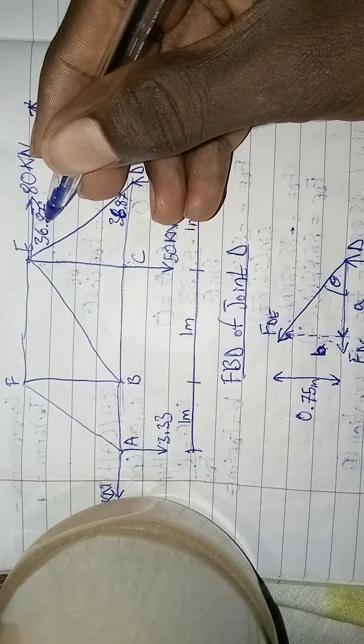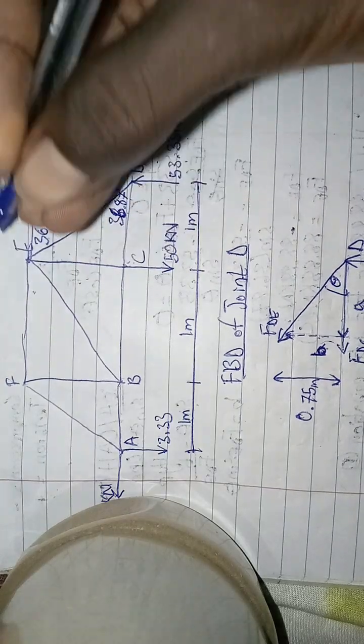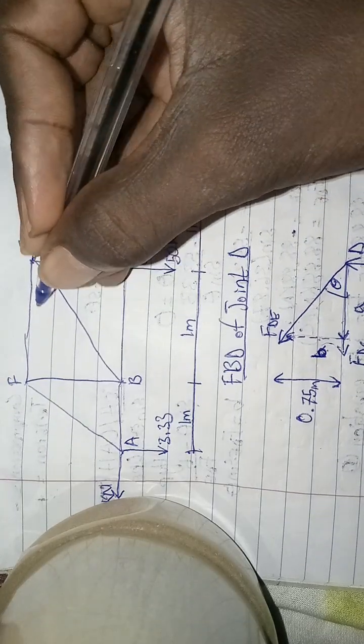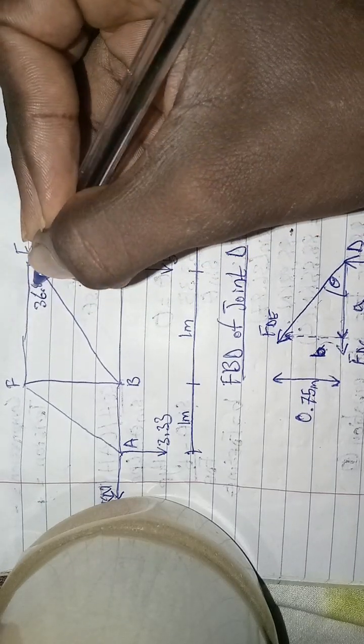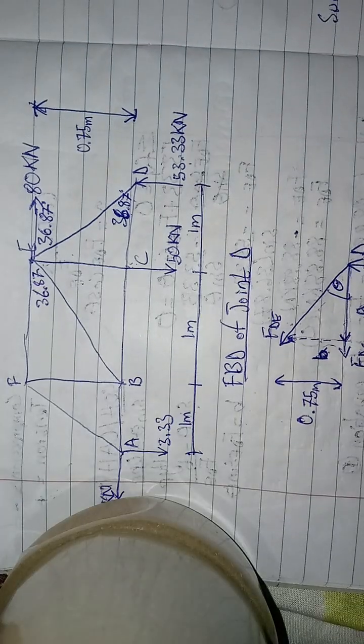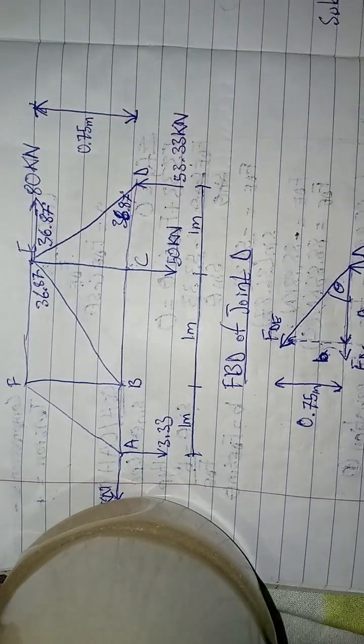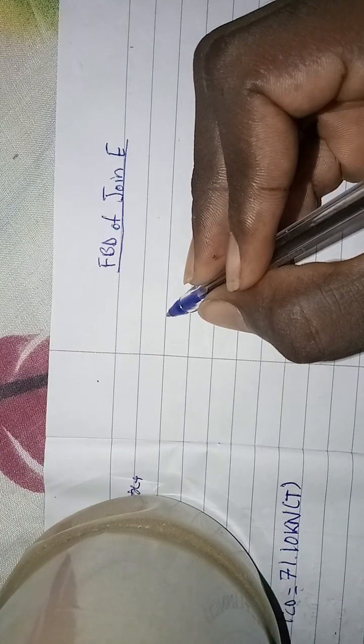And this angle too is opposite to this angle, so we are going to get the same here, 36.87. So we are taking joint E. We draw the free body diagram of joint E. We're going to get something like this.